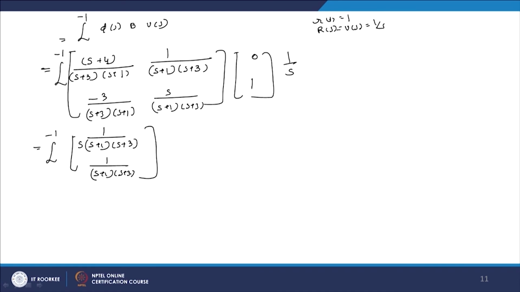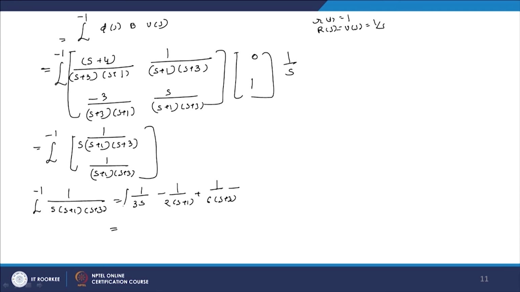Now, we have written the Laplace inverse. Again we want the time domain equations. So, if you take the Laplace inverse of 1 by s plus 1, s plus 3, this can be written as 1 by 3s minus 1 by 2 (s plus 1) plus 1 by 6 (s plus 3), and then we apply the Laplace inverse for this.